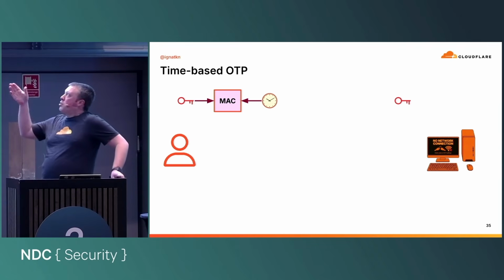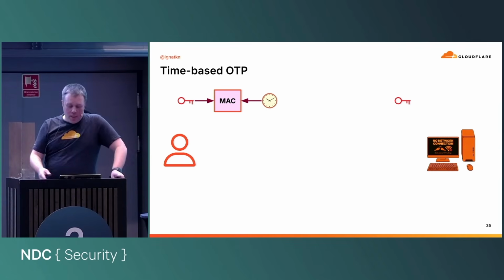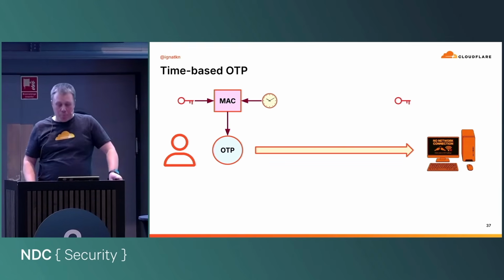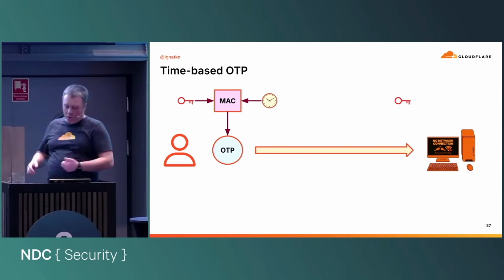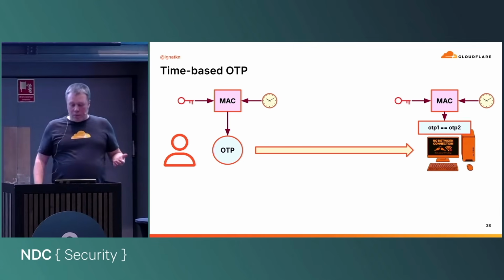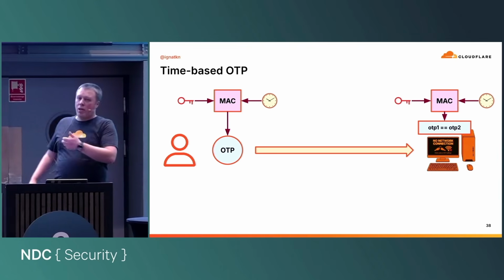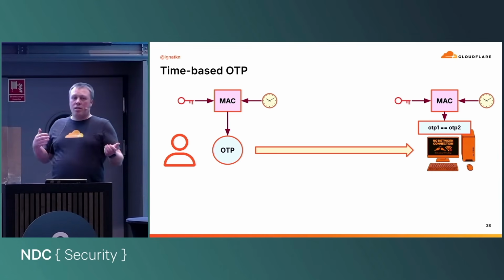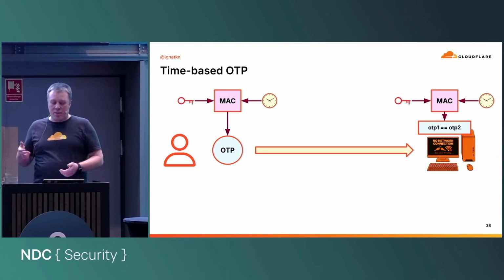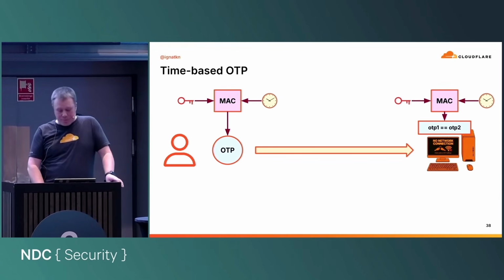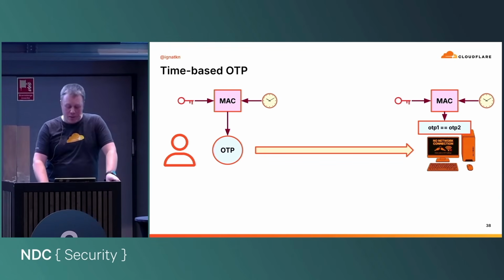We use our secret and hash it with the current time and produce a result, an OTP. We present this to the server, and the server does the same thing and checks if it arrived at the same conclusion. That's only possible if you use the same inputs, so if the shared secret is the same, the server can authenticate you.